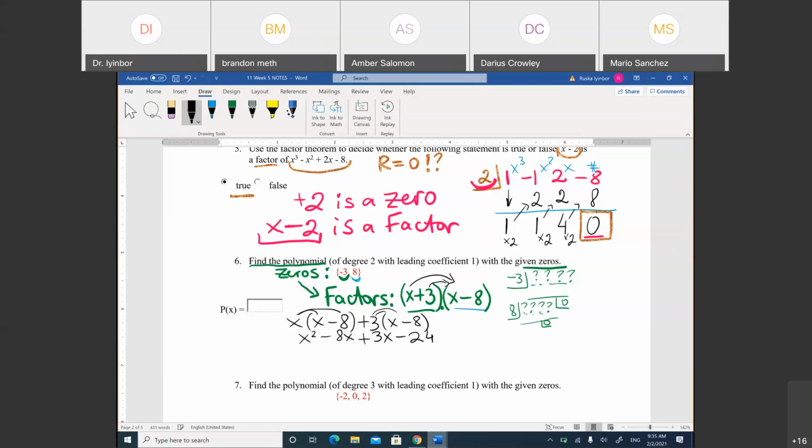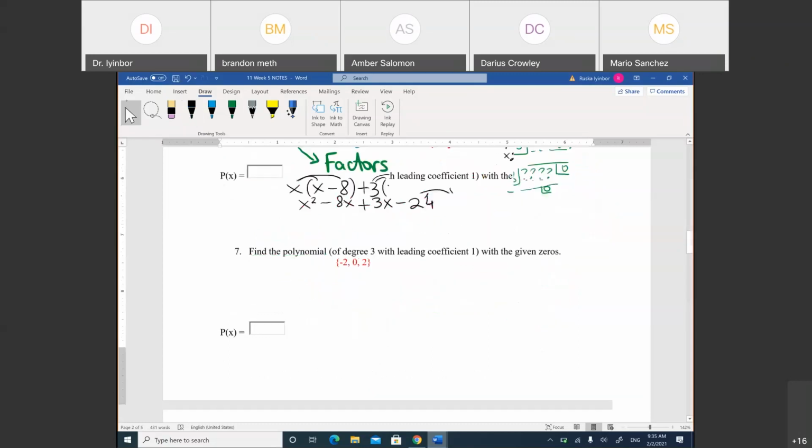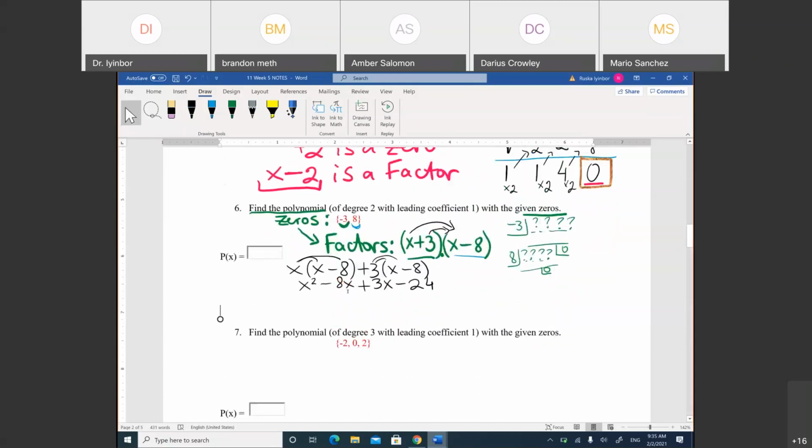And then you're going to combine these like terms. So you're going to combine negative 8x plus 3x. So my final answer is going to be x squared, then minus 8x plus 3x is going to be minus 5x, right?